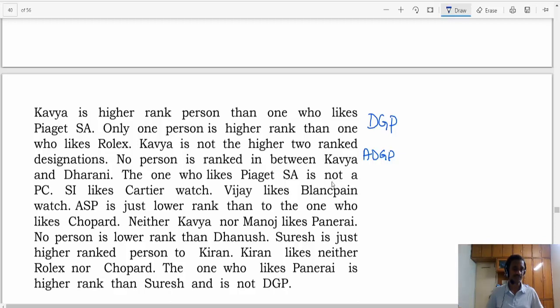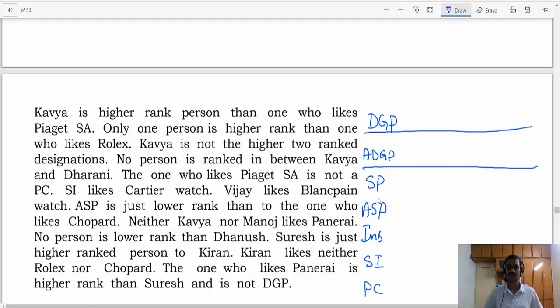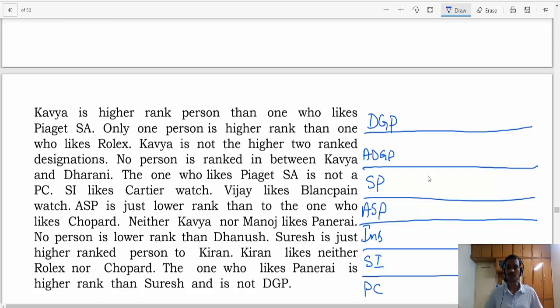SP, ASP, and next inspector and sub-inspector, 1, 2, 3, 4, and finally police constable. These are the 7 persons we have. Out of these 7 persons, what should we identify now? Who is holding which designation?